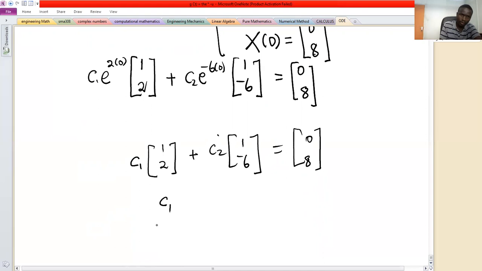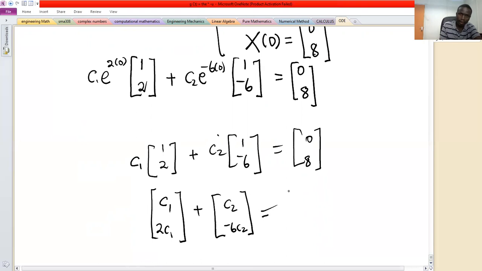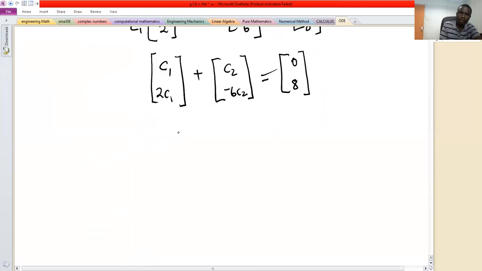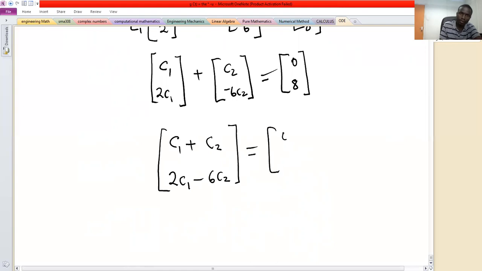So I'll have c1, 2c1, plus c2, minus 6c2, equals (0, 8). Now we'll have c1 plus c2, 2c1 minus 6c2, equals (0, 8).